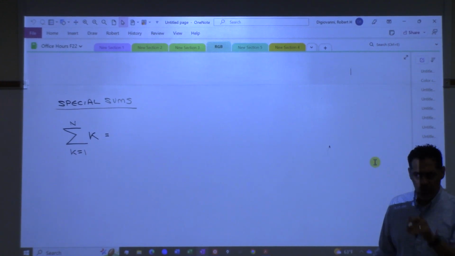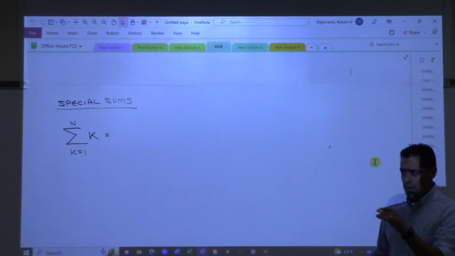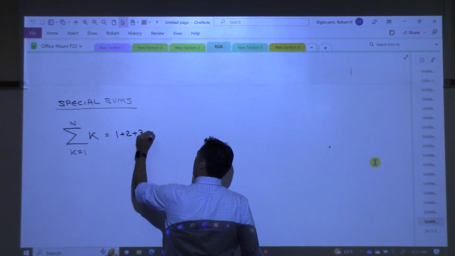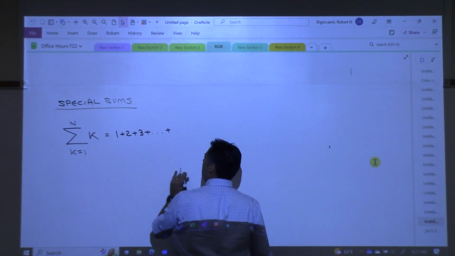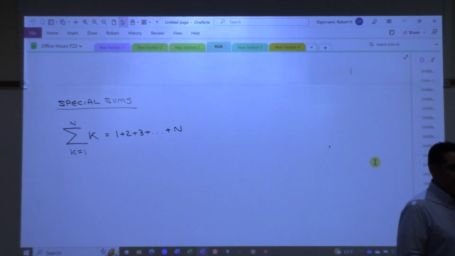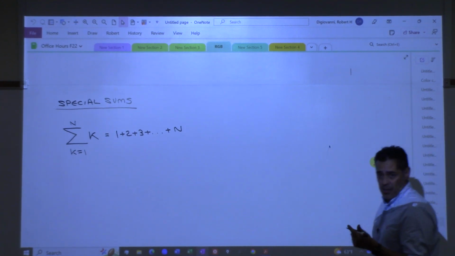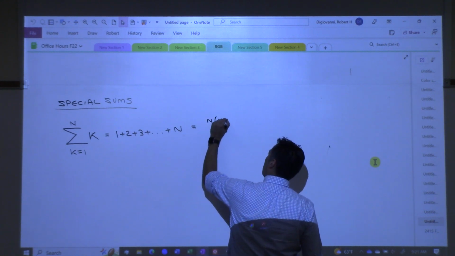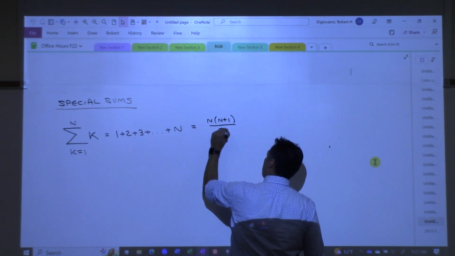Plus, now plug in 2, then 3, then 4, right? So this is going to be 1 plus 2 plus 3 plus, I keep going, where do I stop? At n, right? This adds up to be n times n plus 1 divided by 2.